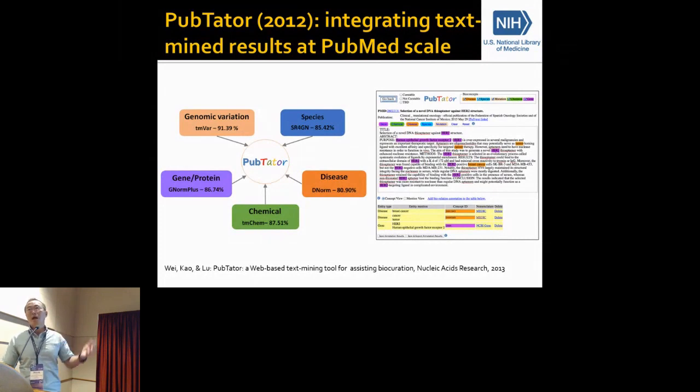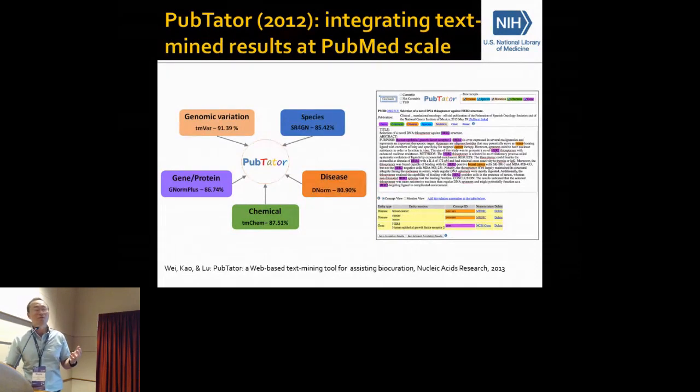Why don't we just apply our taggers to the entire set of PubMed articles, and then store the results in the backend and present the results in a web front, so that everybody, regardless of whether you have text mining skills or you are just a non-NLP specialist, can have access to these text mining results and easily integrate them into their working systems. That's the basic idea of PubTator.